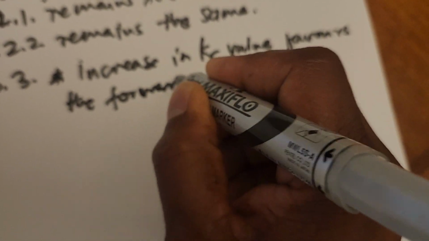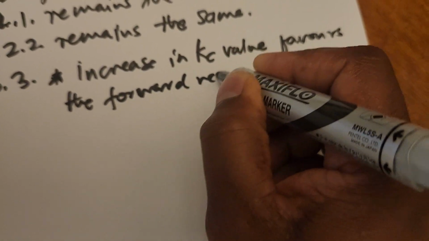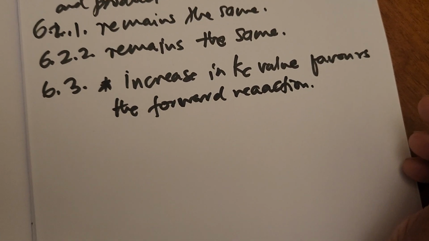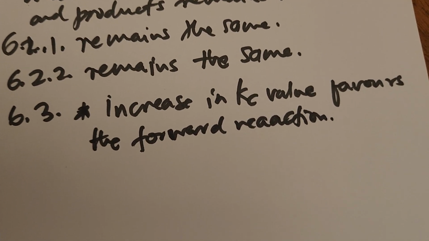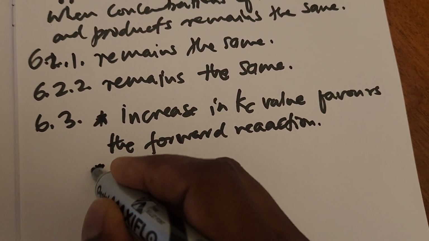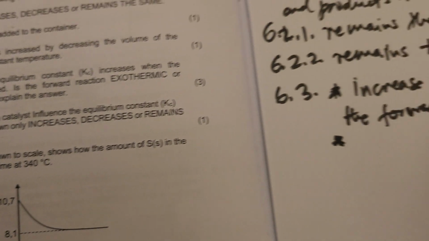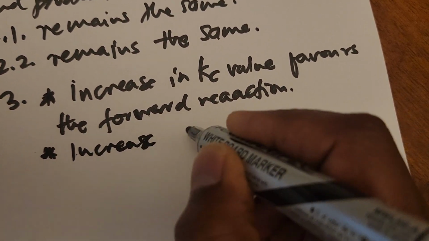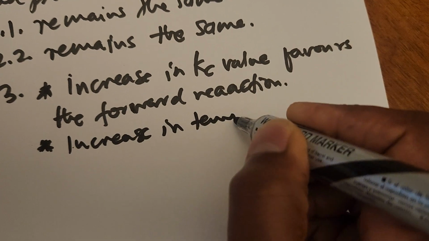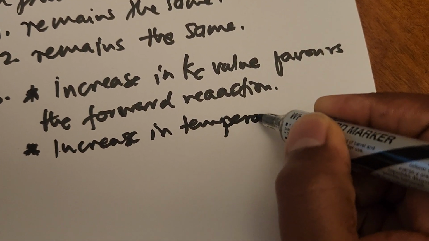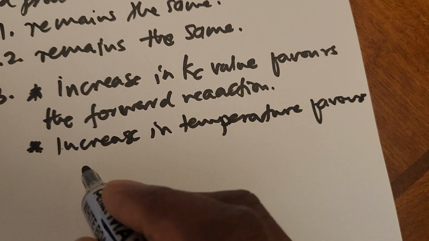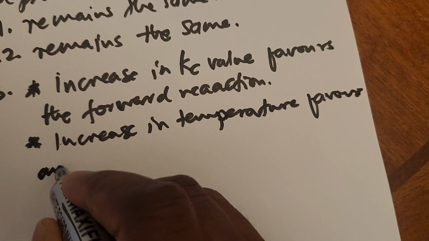It's a matter of principle here. Forward reaction, and that more Kc increases means that more content of the products is increasing, while that of the reactants decreases. And then we know again increase in temperature favors the endothermic reaction as well.